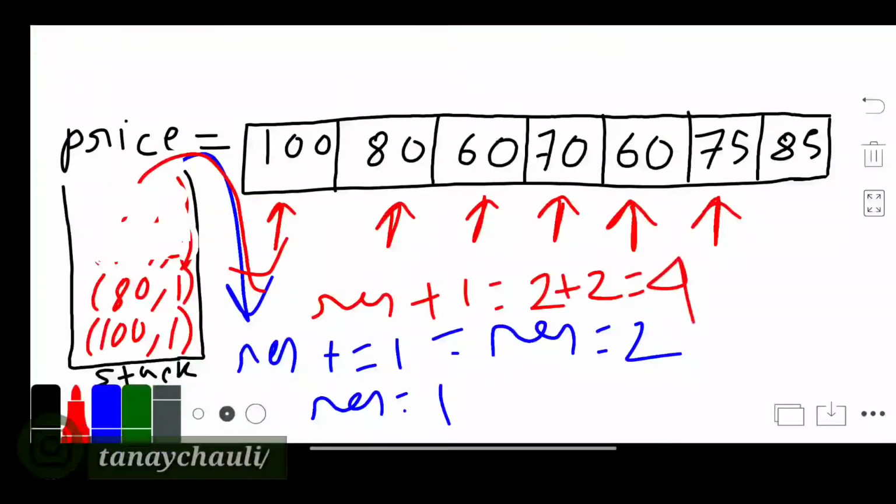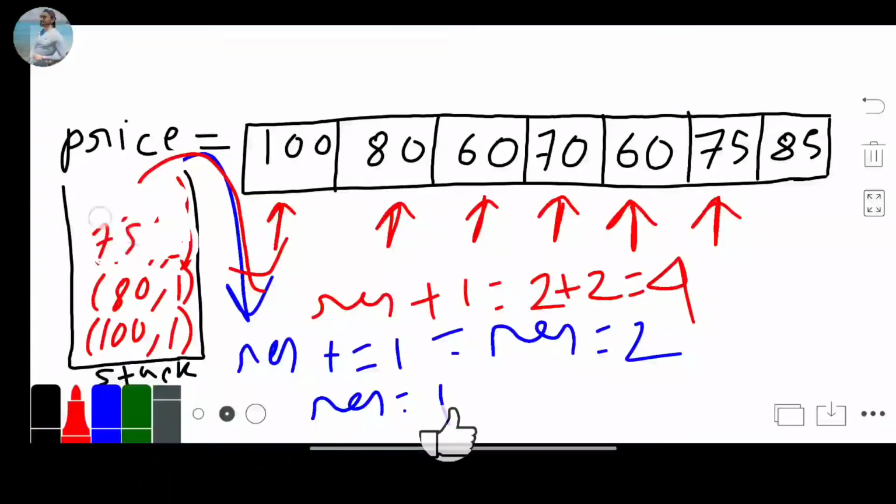Now our count is 4, so we add 75 as price and 4 as count.